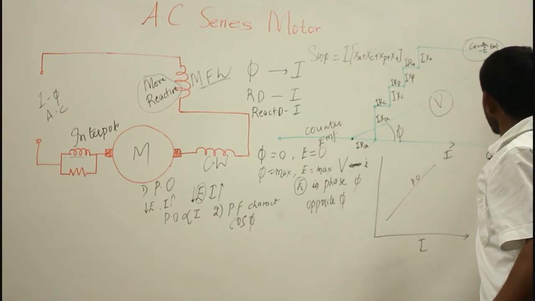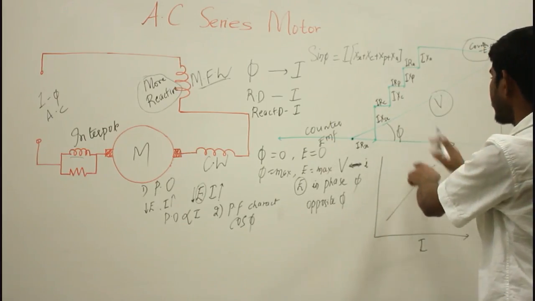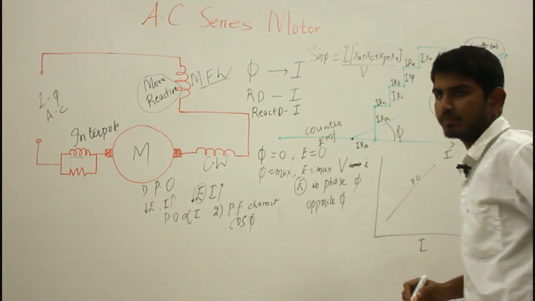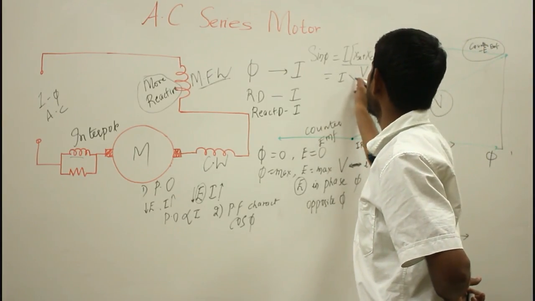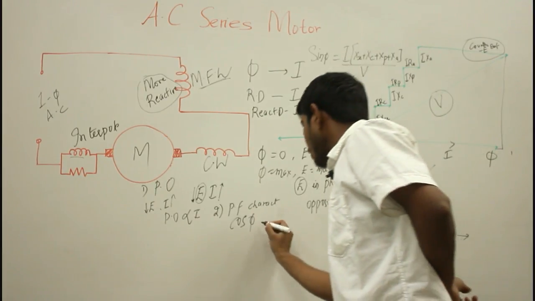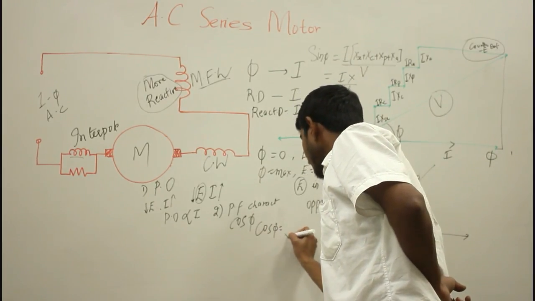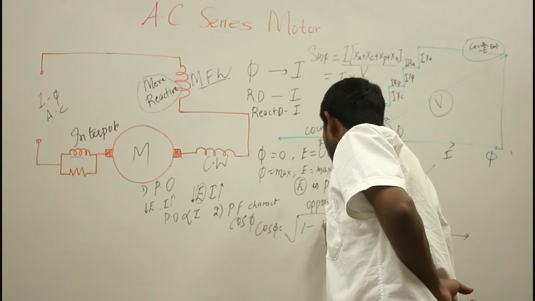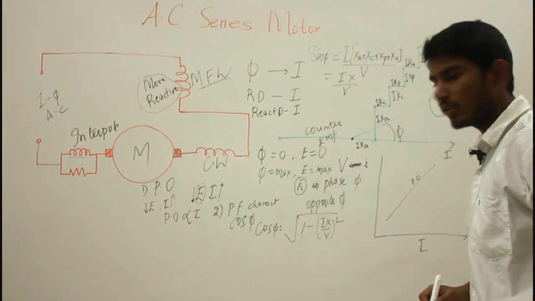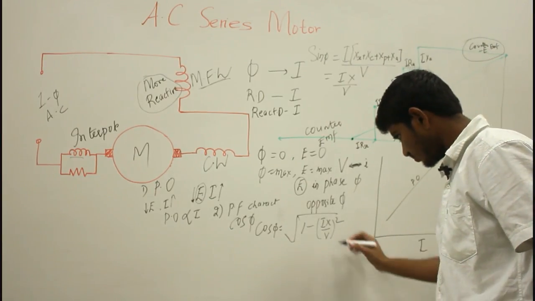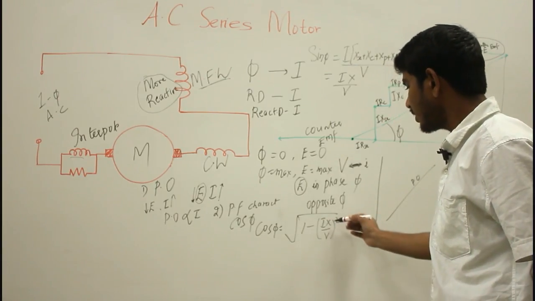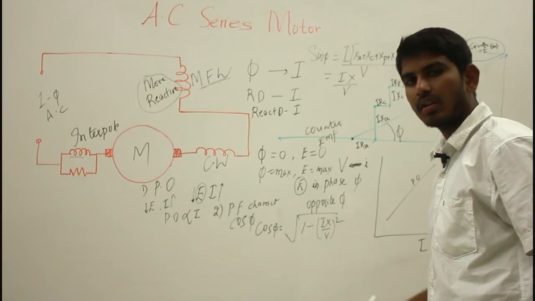If you draw like this, and if you see the sine of the angle, sin phi will be equal to I upon, this will be V. Let us consider this is I into X, that is the effective reactance X upon V. Now from here, your cos phi will be equal to the square root of 1 minus (IX upon V) squared. So you can improve the power factor by reducing the reactive drops, that is making the reactance drop less, and increasing the counter EMF.